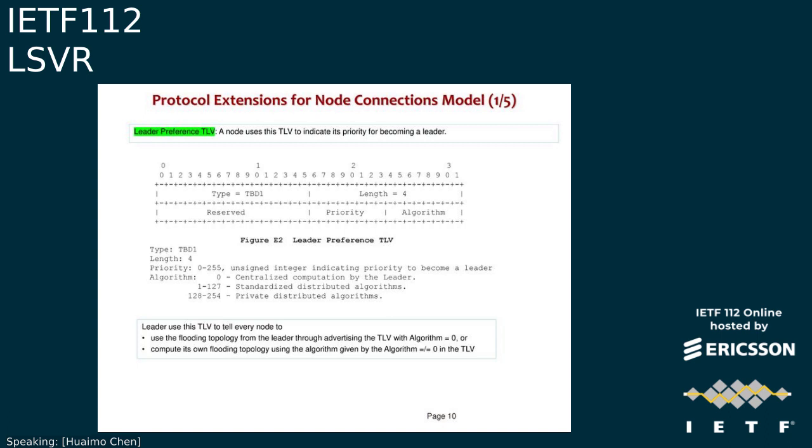This algorithm is a number. 0 means centralized computation for flooding topology. If it's non-zero, its algorithm will be used by every node to compute the flooding topology. So the leader node will use this field to tell every node whether it's a centralized flooding topology computation or indicate the algorithm every node will use to compute its own flooding topology.